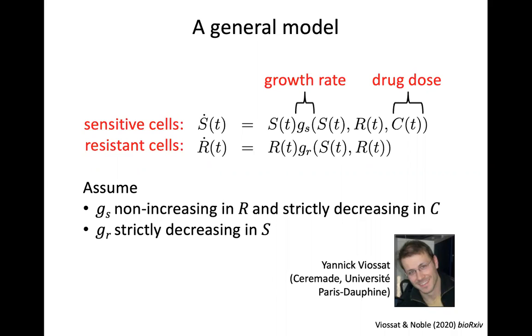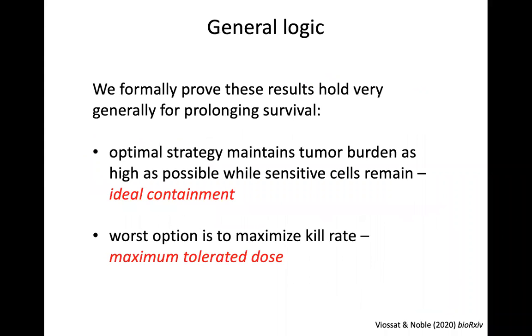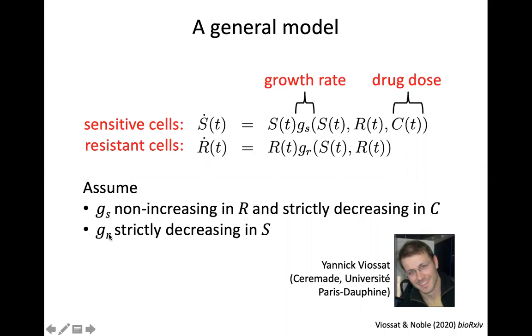In order for these results to hold, the resistant cells need to be at some kind of a slight disadvantage. The fact that we have strictly decreasing here and non-increasing for the sensitive cells captures the fact that sensitive and resistant cells are different in some way.